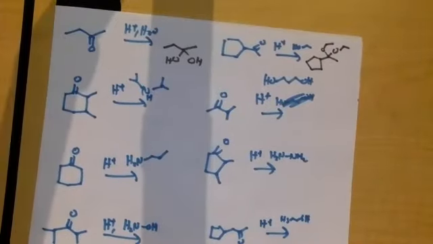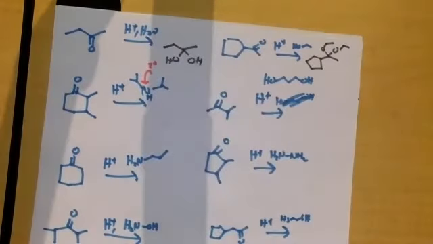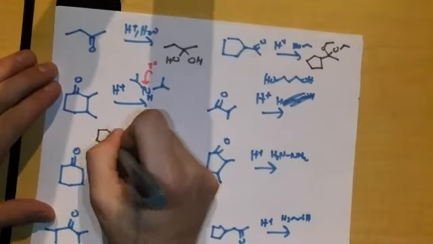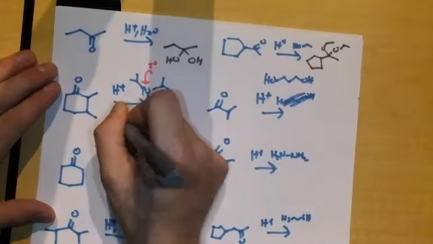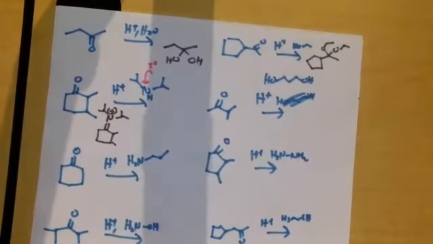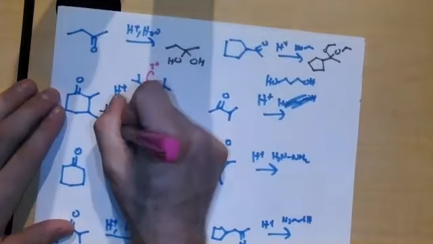For this one here, we've got a secondary amine, which means we first have to make our imine. It would look something like this here. We have two different beta positions.